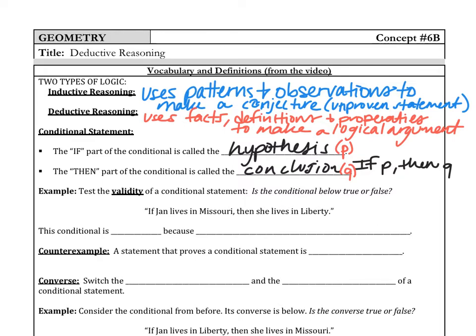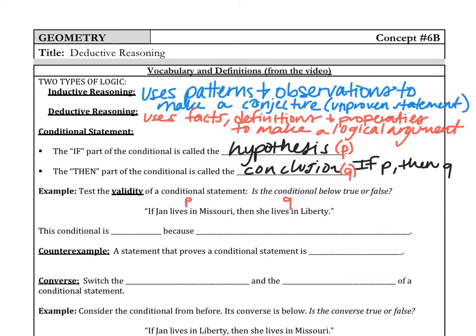So in this first example, test the validity, if it's true or false, of this conditional statement. If Jan lives in Missouri, so that is the hypothesis, then she lives in Liberty. That's the conclusion. So I'm asking, is this true or false?